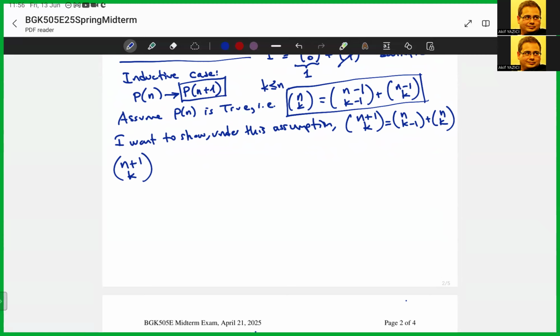So for n plus 1 choose k, I cannot assume the statement will also hold. So I cannot make use of the left-hand side. So I need to turn my side to the right-hand side, this statement, n choose k minus 1 plus n choose k. And now to these I can apply the assumption.